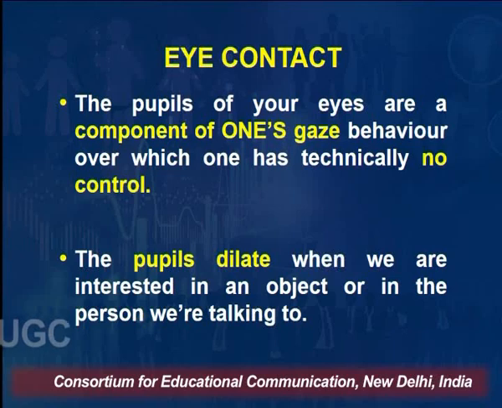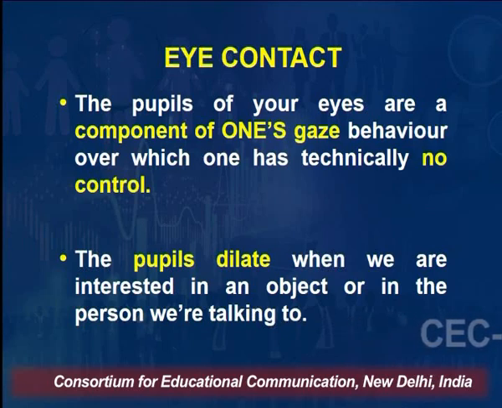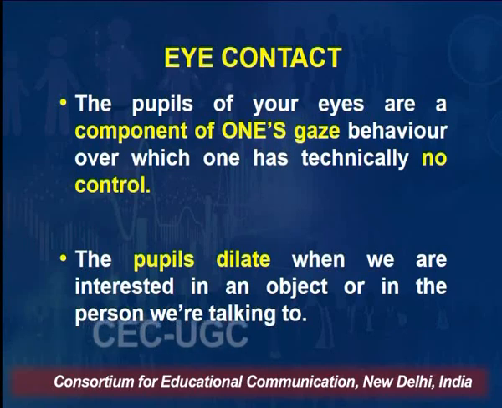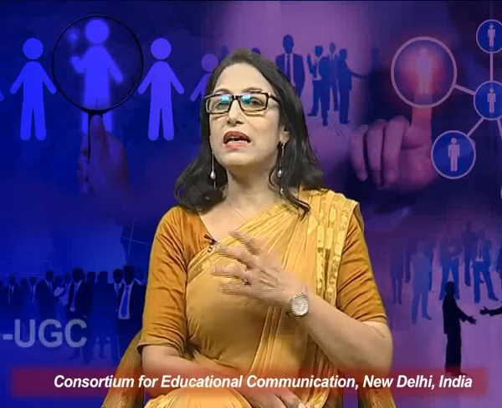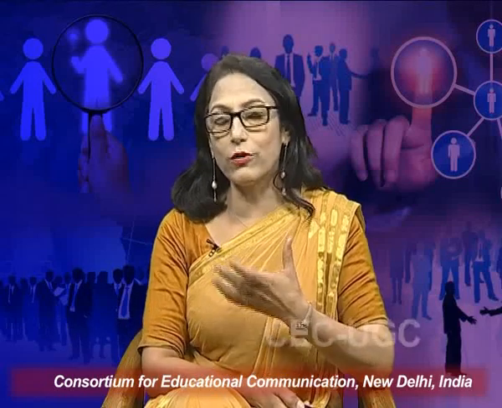Now in eye contact, technically what plays a role? In any eye contact, technically, we have a pupil, which is there inside in the middle of our eyes, right? So the pupil of the eyes is actually the component of eye gaze. So how do we look? My gaze behavior, how I gaze at somebody, one has no control over that.